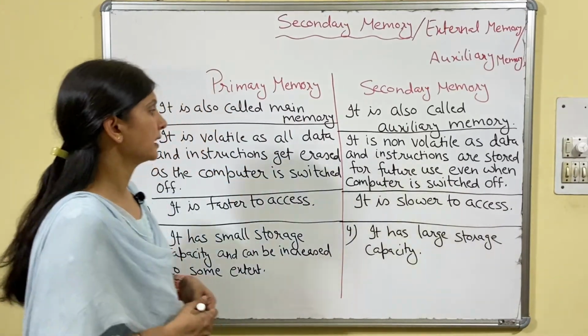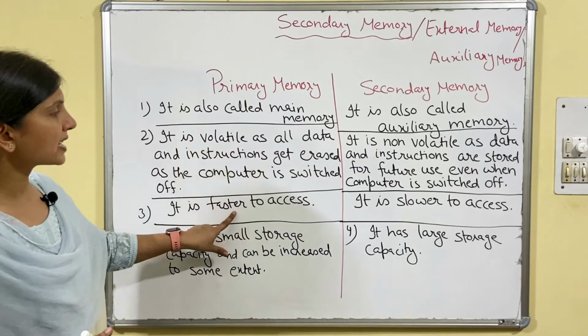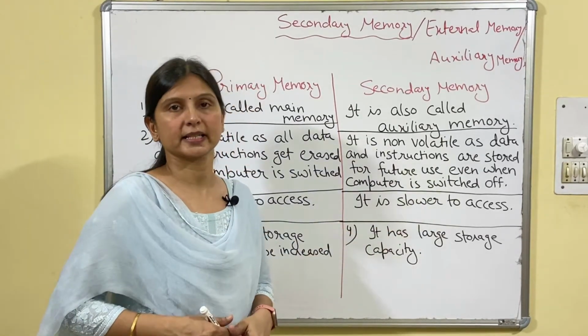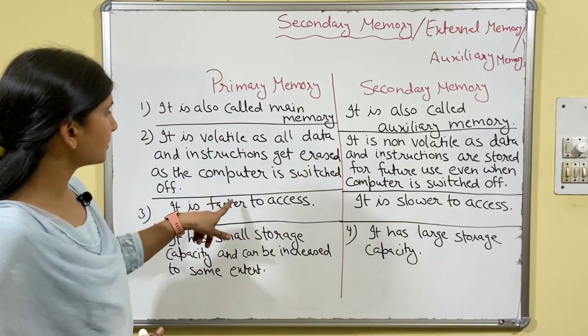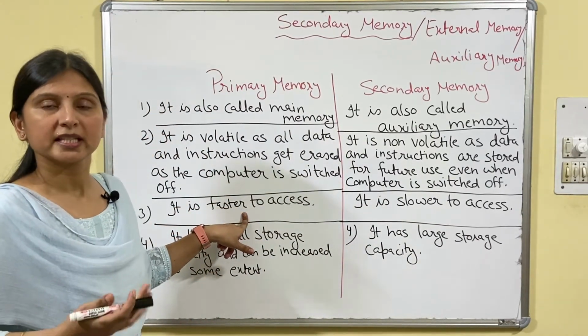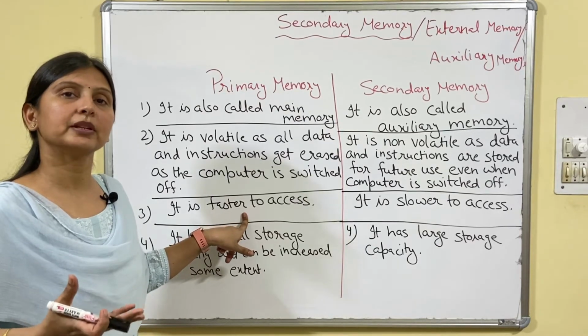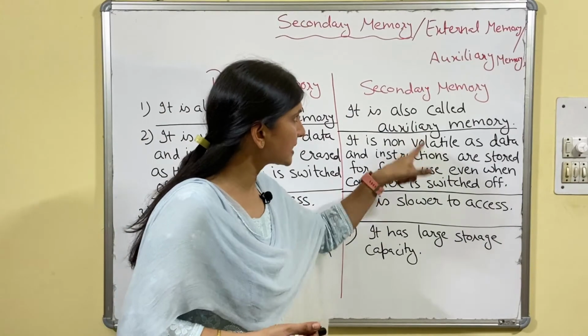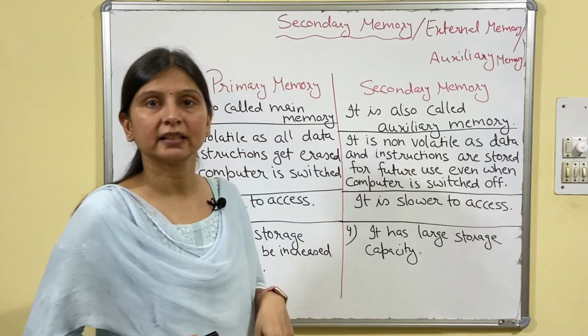Fine. Now the third is primary memory is faster to access and the secondary memory is slow to access. Why so? Because primary memory is accessed directly by the CPU. The CPU accesses the primary memory directly, but the CPU accesses the secondary memory indirectly. Why so?